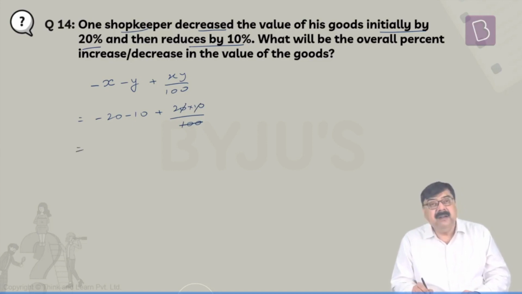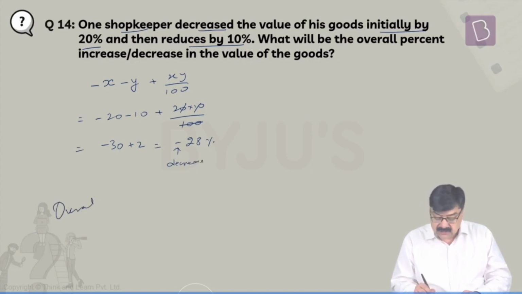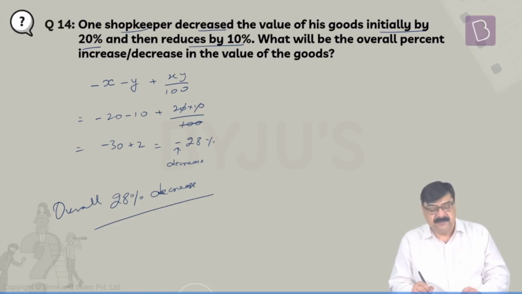So minus 20 minus 10 is minus 30 plus 2. So minus 28%. Minus indicates a decrease. So there will be an overall 28% of decrease in the value of the goods.